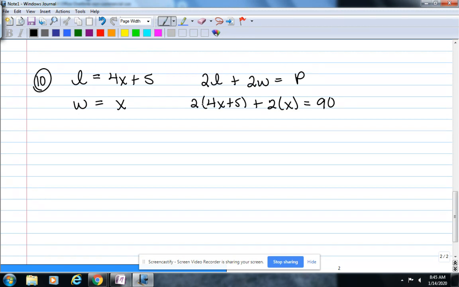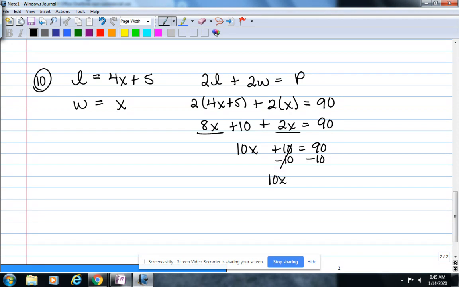All right, so distribute. 2 times 4x plus 5 is 8x plus 10, plus 2x equals 90. Then I do what? Like terms. Sorry, 10x plus 10 equals 90. Subtract 10. 10x equals 80.